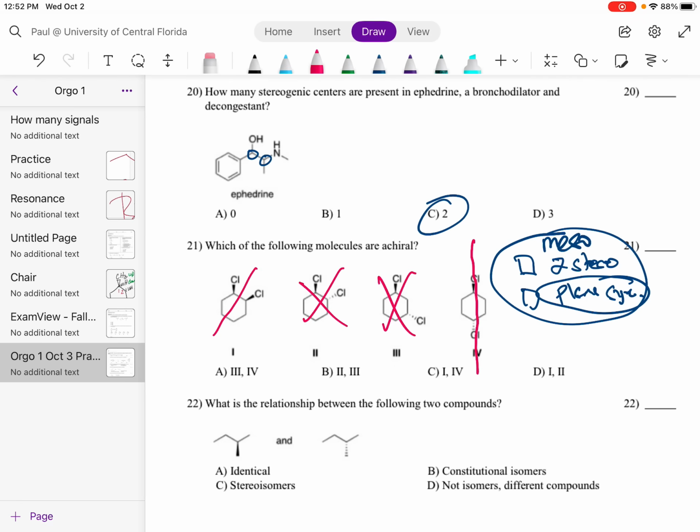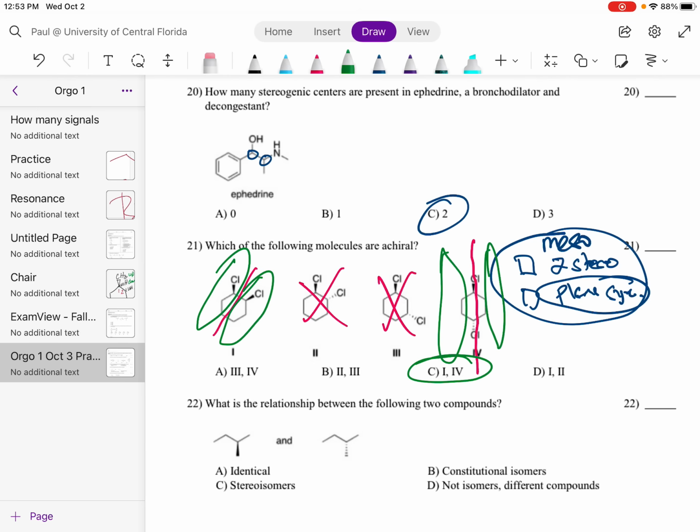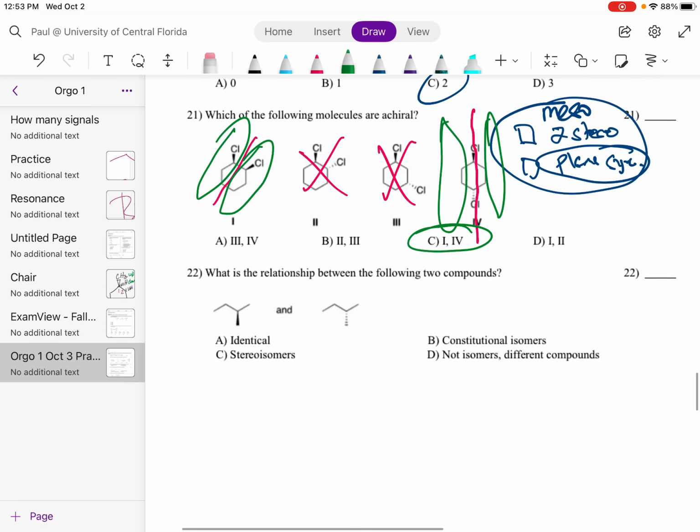That makes each half identical. That's what planes of symmetry do. So if you compare this half and that half, you will see that they're exactly the same. If you look at this half and that half, they're identical. So 21 is C.